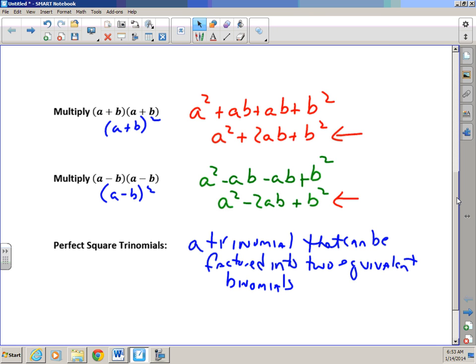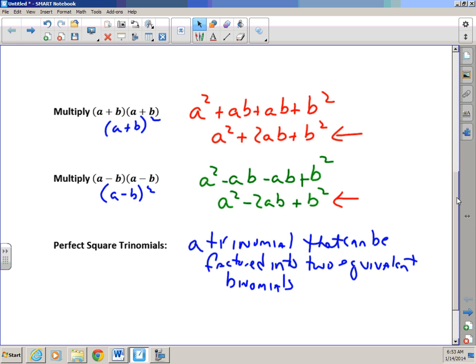Okay? And they would always be in the form of the two that are up here with the arrows. So in other words, if you took the coefficients of a and b and multiplied them by 2, that would be your middle term. Okay?